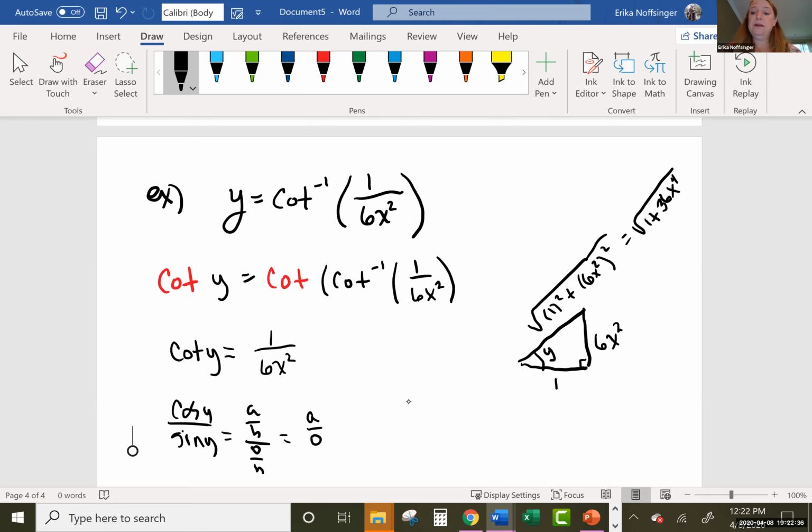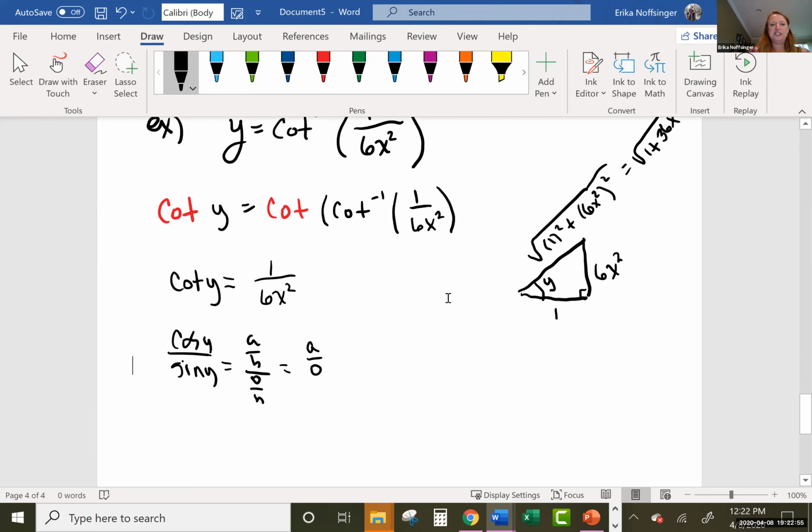Okay, there's a sum in between those two terms. If that was just one term, I could break it down because those are perfect squares. But because of the sum there, that's not the same as the square root of 1 plus the square root of 36x to the 4th. So we got to keep it like that.